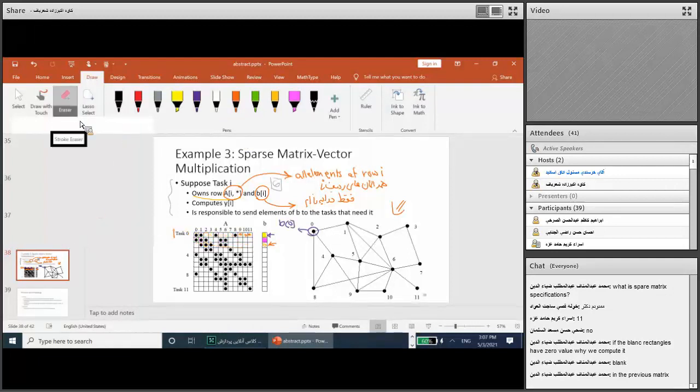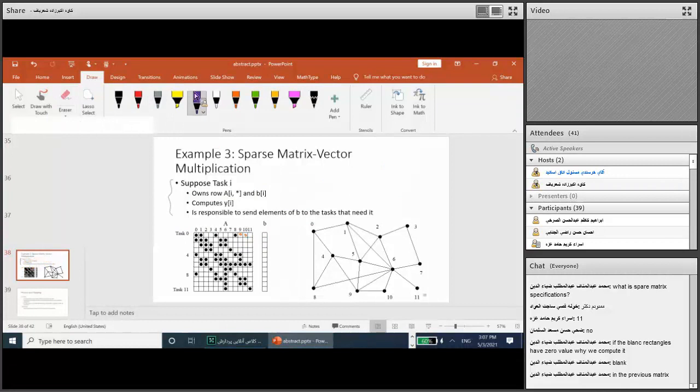Please pay attention. I'm going to repeat the definition of the problem. Task 0 has all elements of the first row, but just B0.